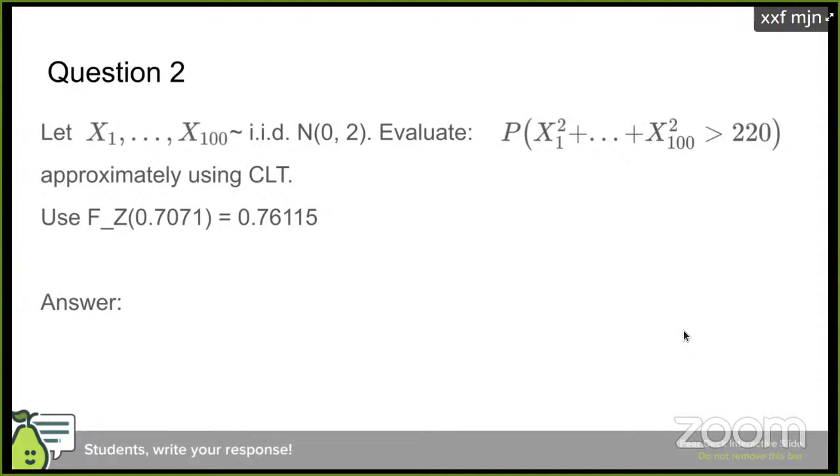One more hint in this question is, you know that if each xi is IID normal, then the square of x1 is what? It's a gamma distribution, right? Gamma alpha, beta. So what is alpha and what is beta there?